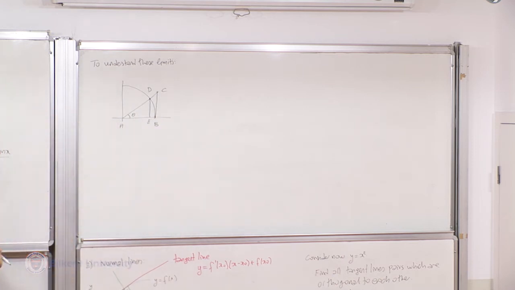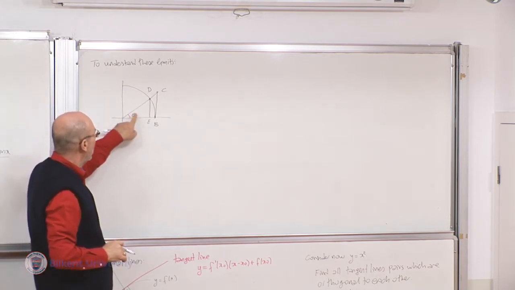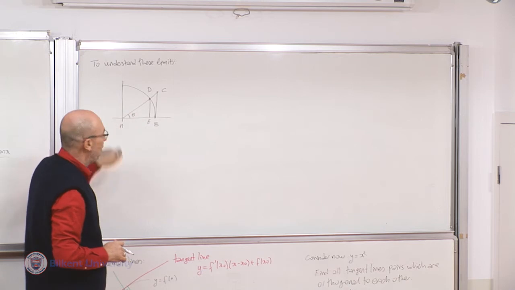Now I will compare areas here. The area of this right triangle is less than the area of this sector, and that's less than the area of this big triangle.